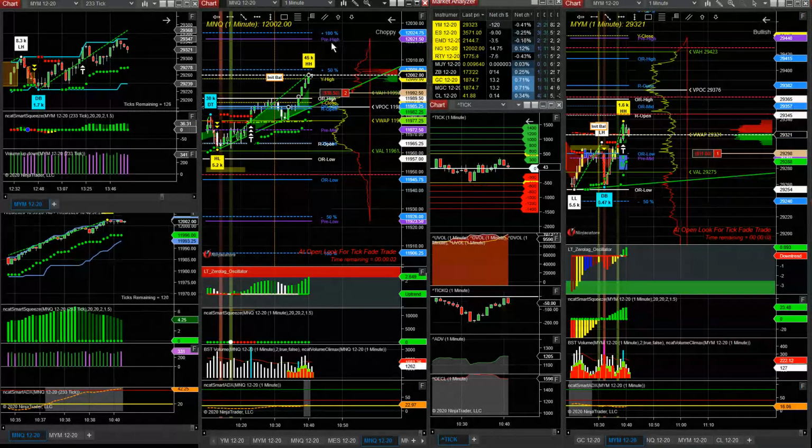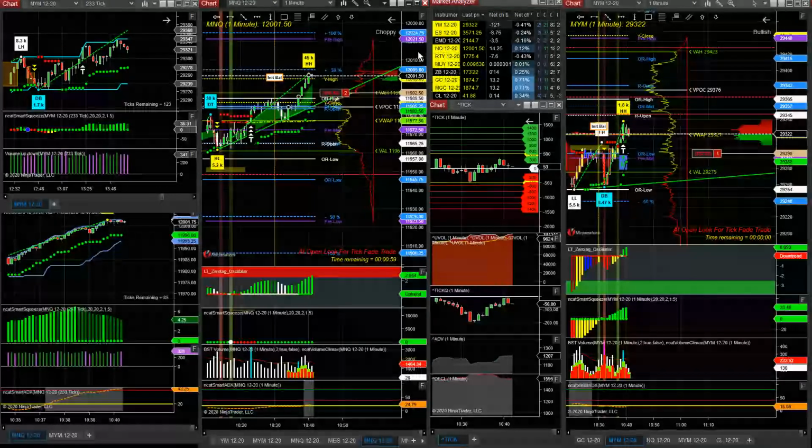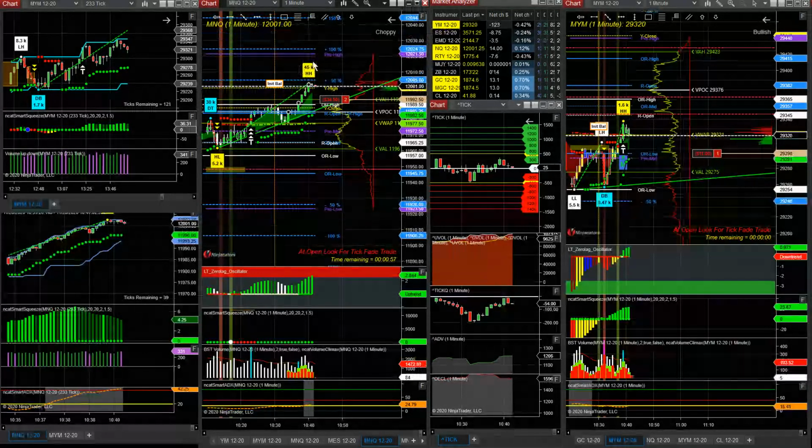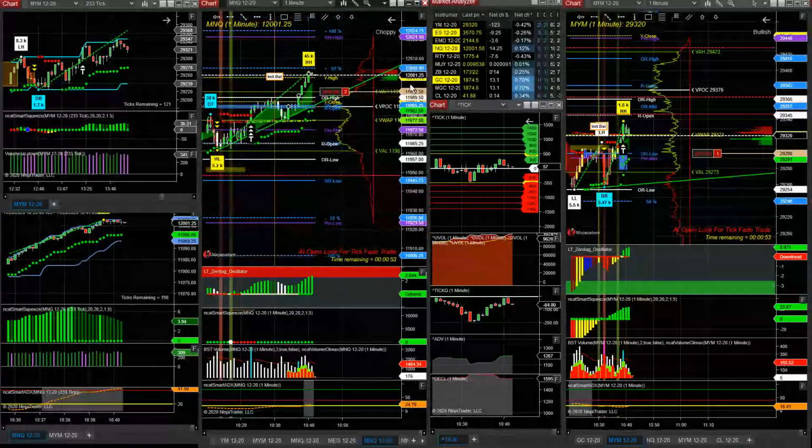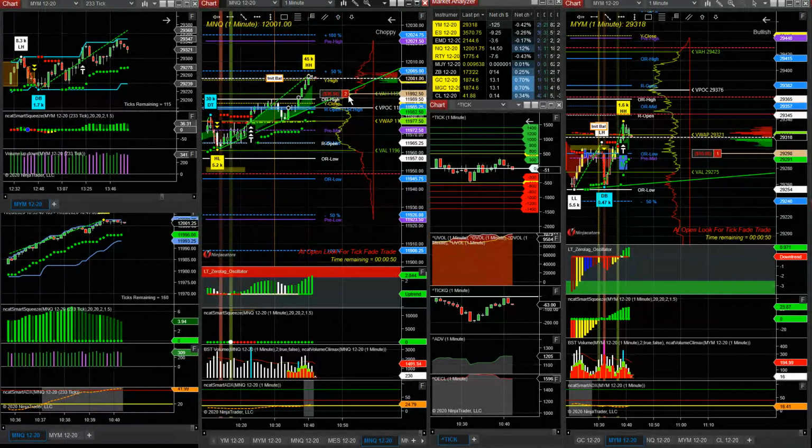The overnight high was here. The pre-high in purple, that's the overnight high. So that's weird, he's trading overnight at that high.